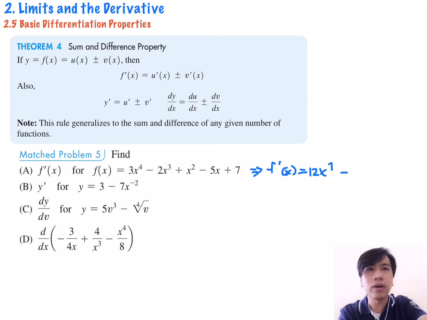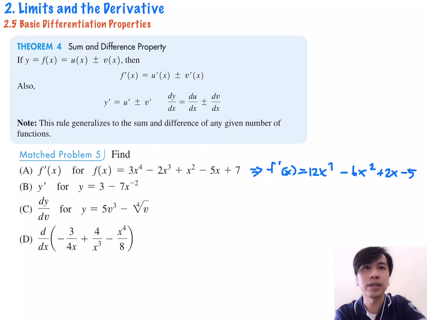And then minus, over here, negative 2 times 3, and then x to the power of 3 minus 1, 2. So negative 6x to the power of 2. And then plus 2x, I'll put it over here, negative 5, and then we have plus 7, which is the constant, and its derivative is 0, so I don't put plus 0. Okay, so I put negative 5 over here.